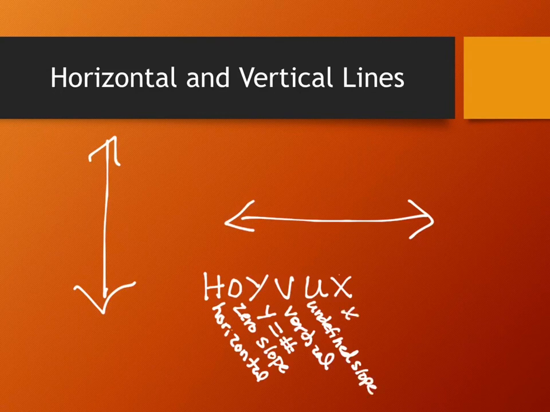And they have equations x equals a number. Okay? So if you ever see x equals 5, that has to be a vertical line. If you ever see y equals 7, that has to be a horizontal line. If you ever see a vertical line drawn, the slope is considered undefined. If you ever see a horizontal line drawn, it's considered to have a 0 slope.